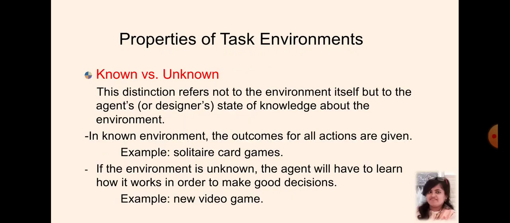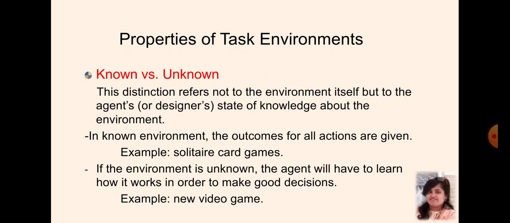Now let's talk about the next property of task environments, that is known versus unknown. This distinction refers not to the environment itself, but to the agent's or the designer's state of knowledge about the environment. In a known environment, the outcomes for all actions are given. For example, solitaire card games.